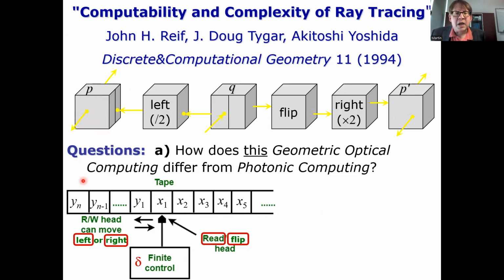You don't see here any optical transistors. Also, you don't really see many bits. There's only one Boolean test here, right? And another Boolean test. But apart from that, this approach has similarities, but also differences to this current hype in photonic computing. And I want you to think about how does this differ from photonic computing.